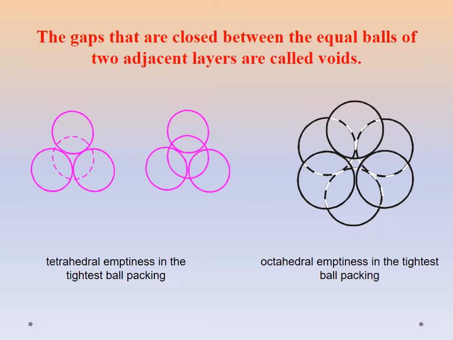Another kind of void, the octahedral voids, lies between six balls: three closest balls here in the bottom layer, so that the hole of the upper layer is located just above the hole of the bottom layer.